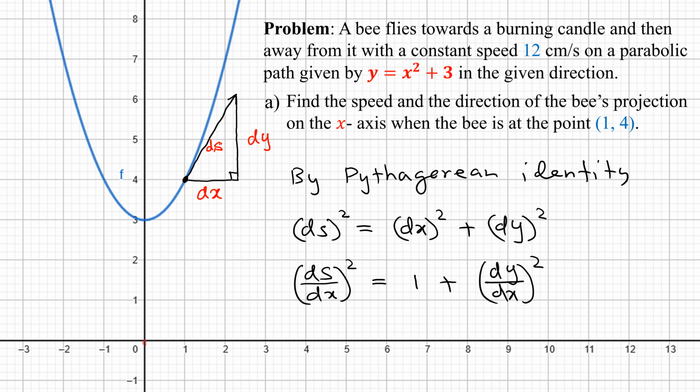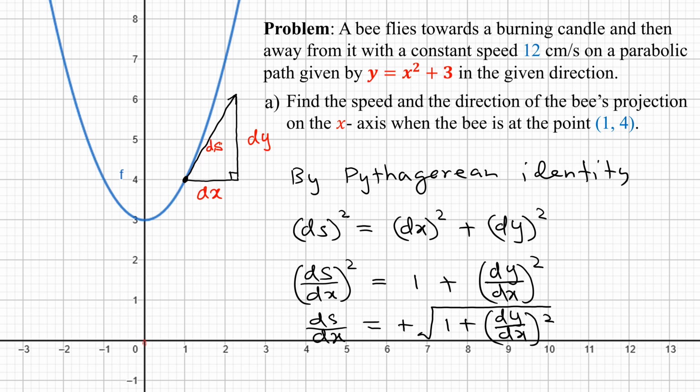When you take the square root, you can see it's going in the positive direction, so you don't get plus or minus, you only get a plus sign. So we can write ds over dx equals the positive square root of 1 plus (dy over dx) squared.